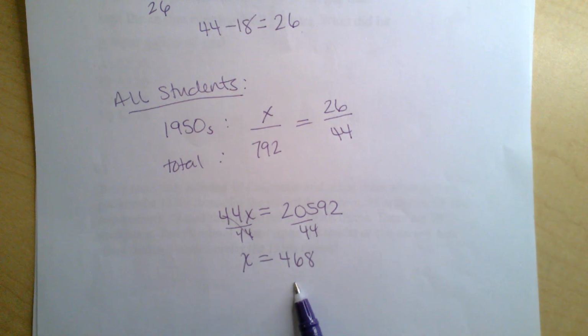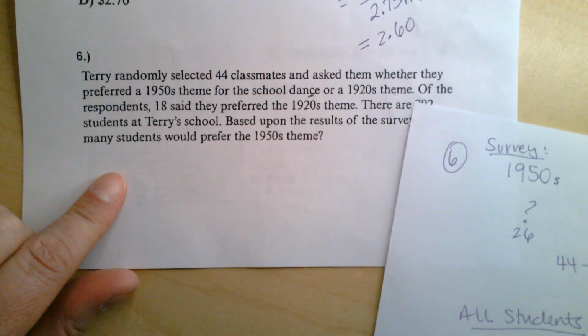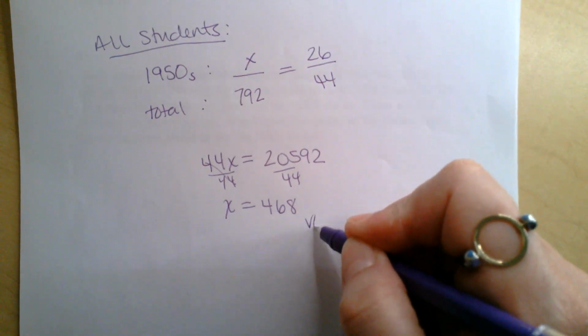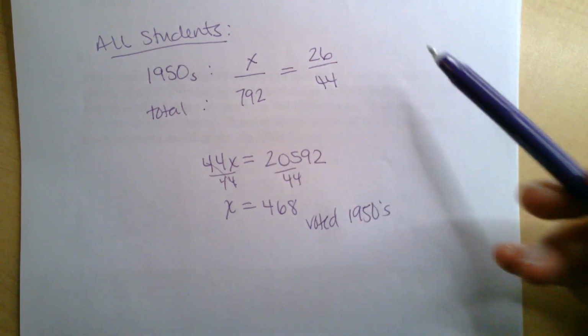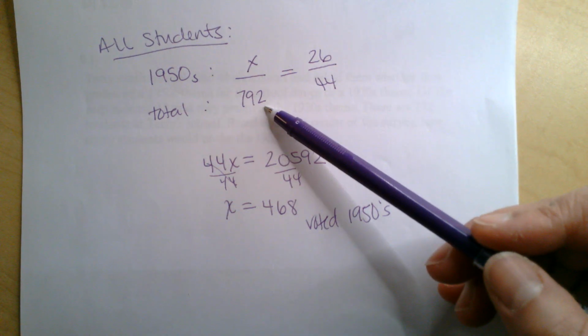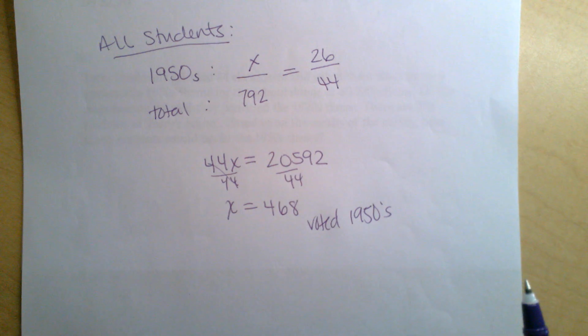And we get 468 voted for the 1950s. So this isn't a multiple choice one. So if we had 44, 26 would have voted. If we had 792 a total, then 468 would have voted for the 1950s.